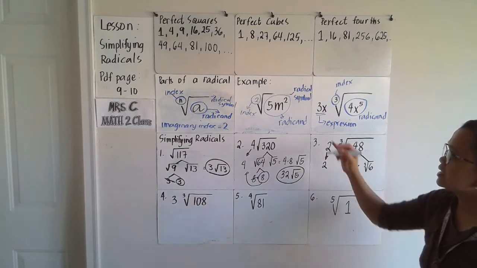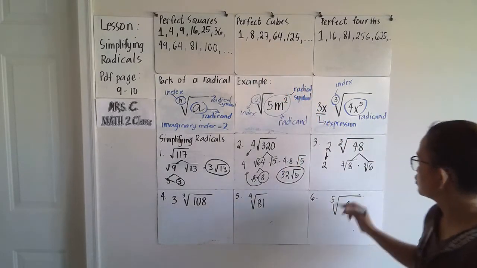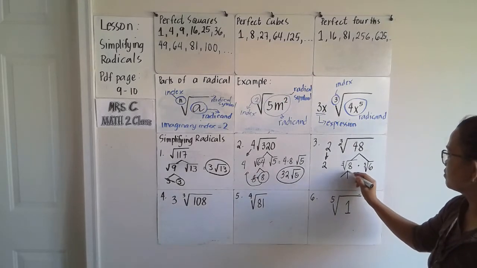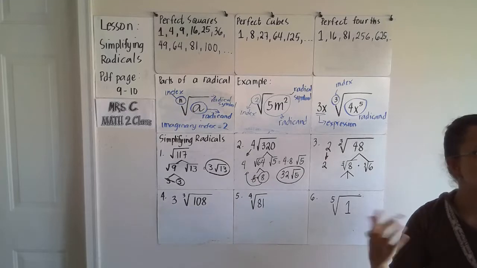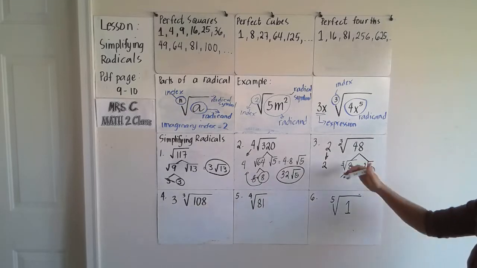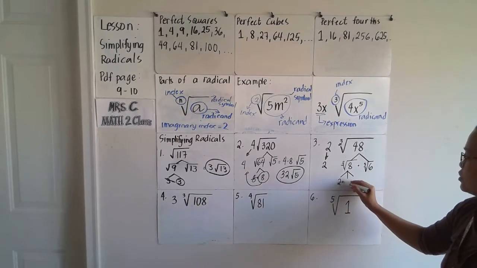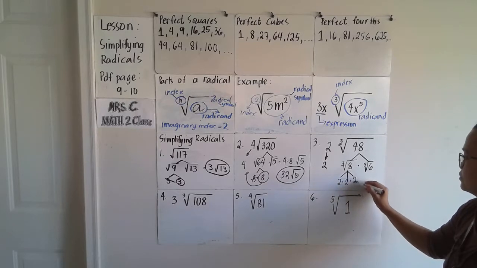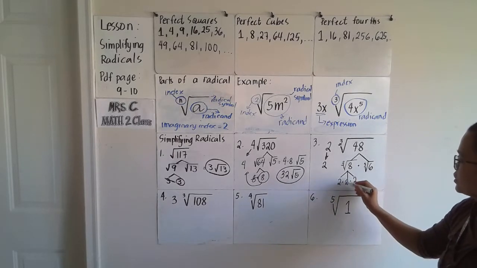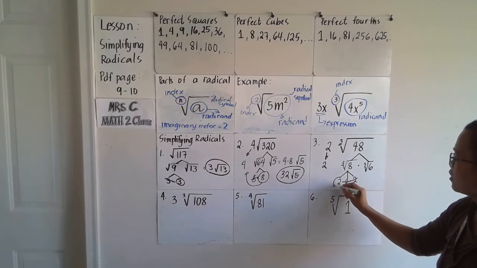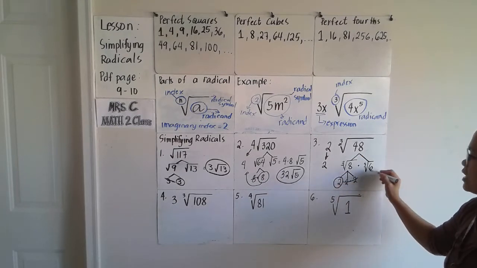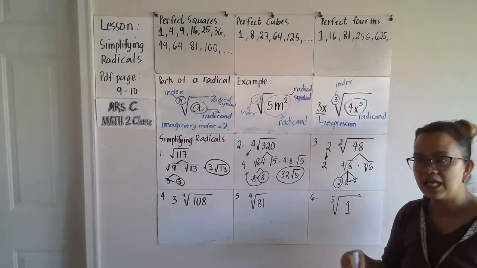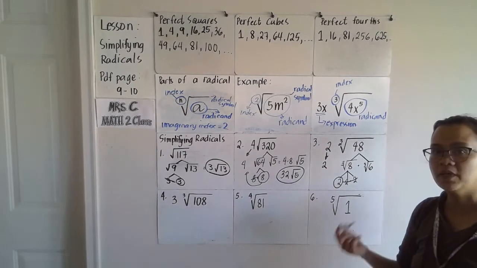Now, 8 is a perfect cube, so we need to split this into 3. So what is that number? Once you multiply it 3 times, the answer is 8, and that will be 2. Okay, so cancel 2, take 1, and put it outside, and whatever the remaining or leftover radicand will be copied.